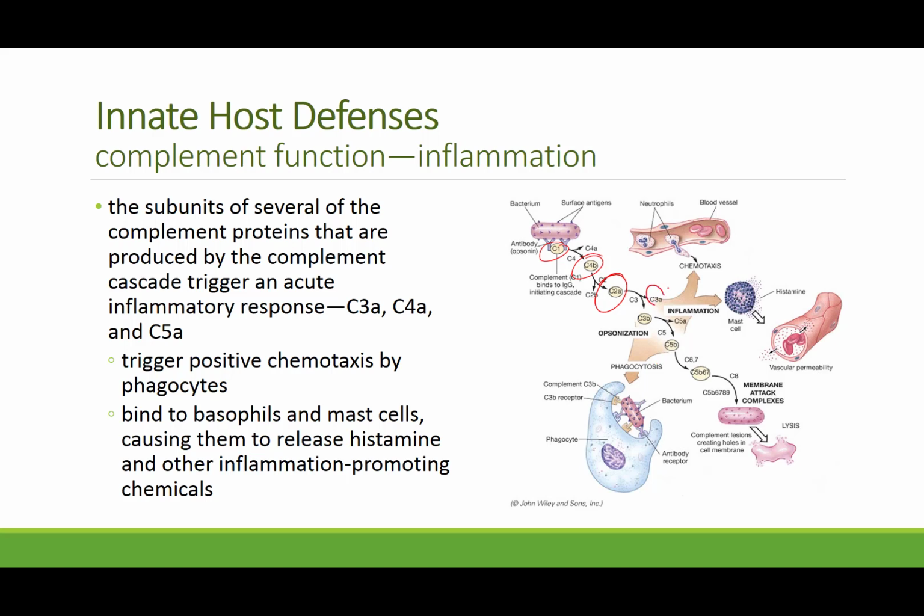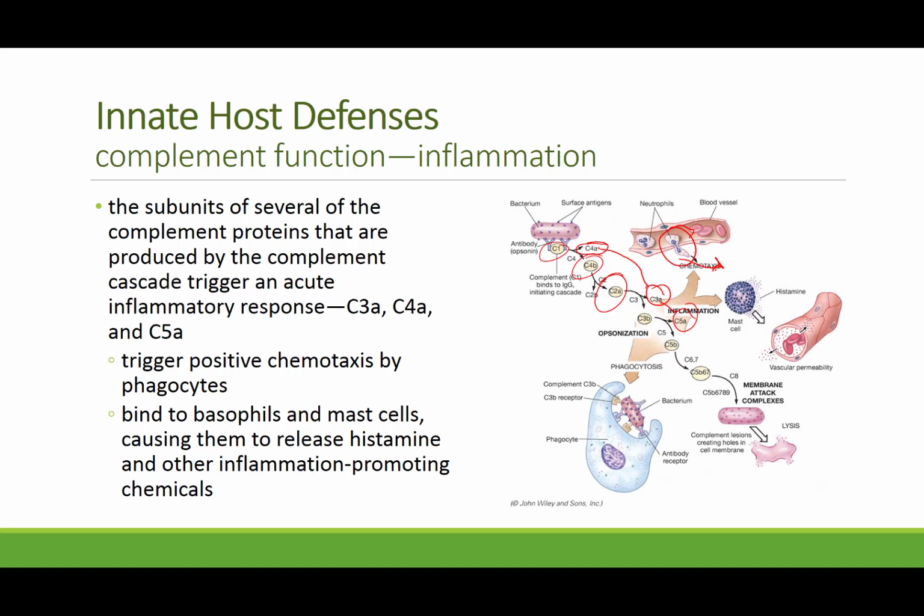So if we have C3a around, and then if we have C5a around, and C4a, which is right here, so these 3 together will trigger positive chemotaxis by phagocytes. So we get phagocytes coming out of the blood and into the tissues where those 3 complement proteins are found.